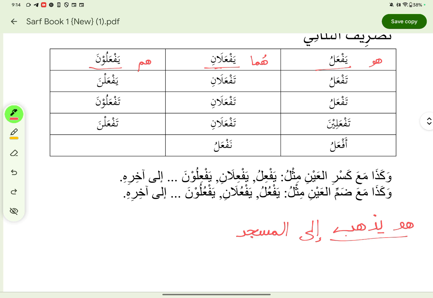Huwa yadhabu ila al-masjid. He goes to the masjid. The second one, so this is he, right?